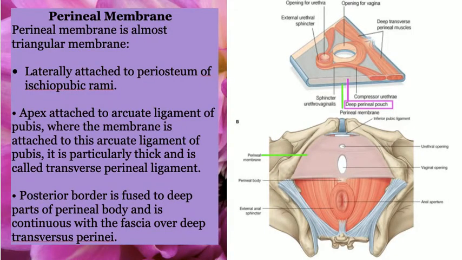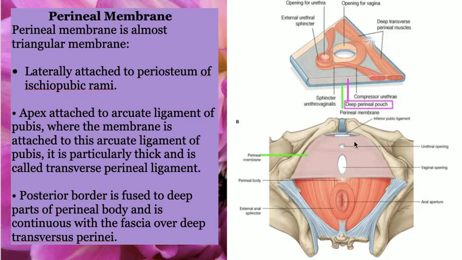Okay. So coming to the perineal membrane, what is it basically? We have read so much about the perineal membrane, the superficial pouch in front of it and the deep pouch behind it. So this membrane is basically a triangular membrane laterally attached to the periosteum of the ischiopubic rami. This is the ischiopubic rami over here.